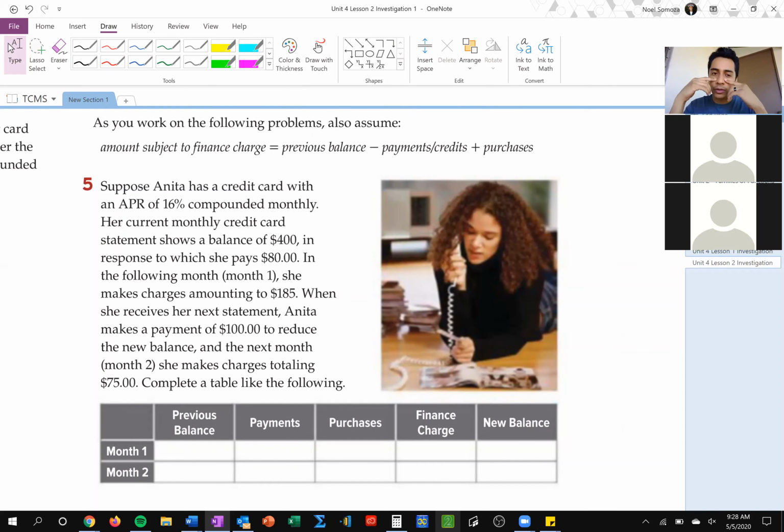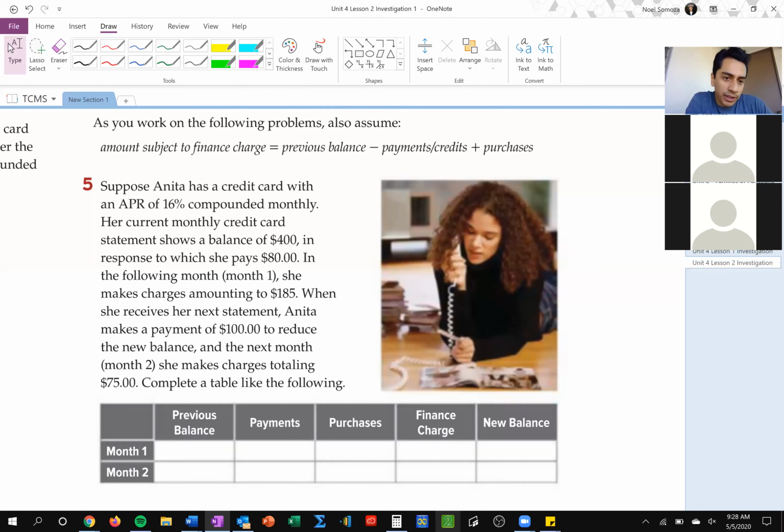So let's say you owe 1,000, but you made a $500 payment. Now really you only owe 500, but let's say you bought yourself some shoes, so maybe you spent like $70. Now those purchases take you back up to about 570. So that means that what you have to pay interest on is the $570, because that's basically what you owe.